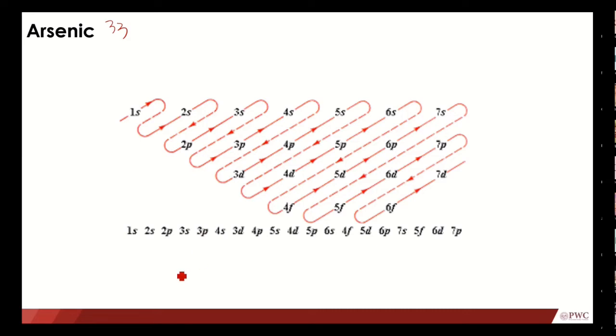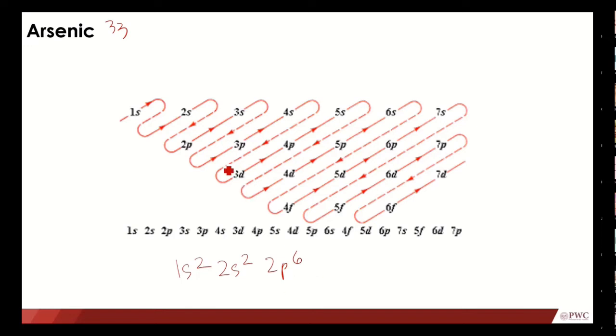What's the first thing to write? 1s2. What's next? 2s2. 2p6. Right now we have 2, 4, 10. So pila pang kulang? 23. Kulang pa.